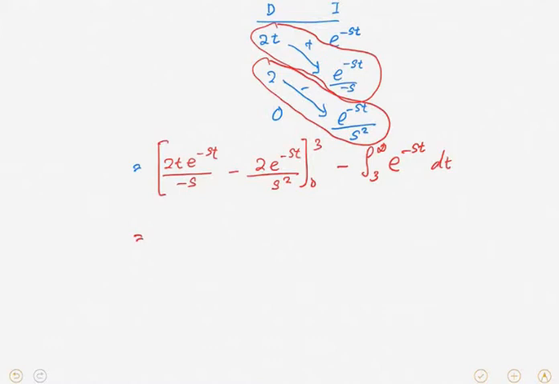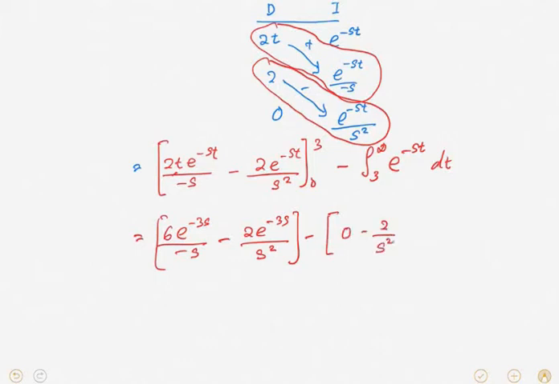So when substituting t equal to 3, you have 6 e^(-3s) over -s minus 2 e^(-3s) over s squared, then minus 0 minus 2 over s squared, then minus e^(-st) over -s, evaluated from 3 to infinity.